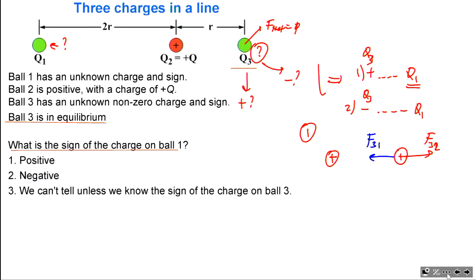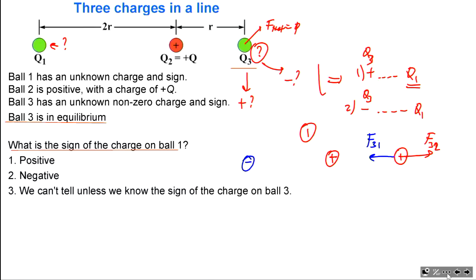So, in order to have the force acting on this charge from that charge directed to the left, it has to be, you have to finish this sentence, negative. It has to attract the positive charge. Okay, negative.